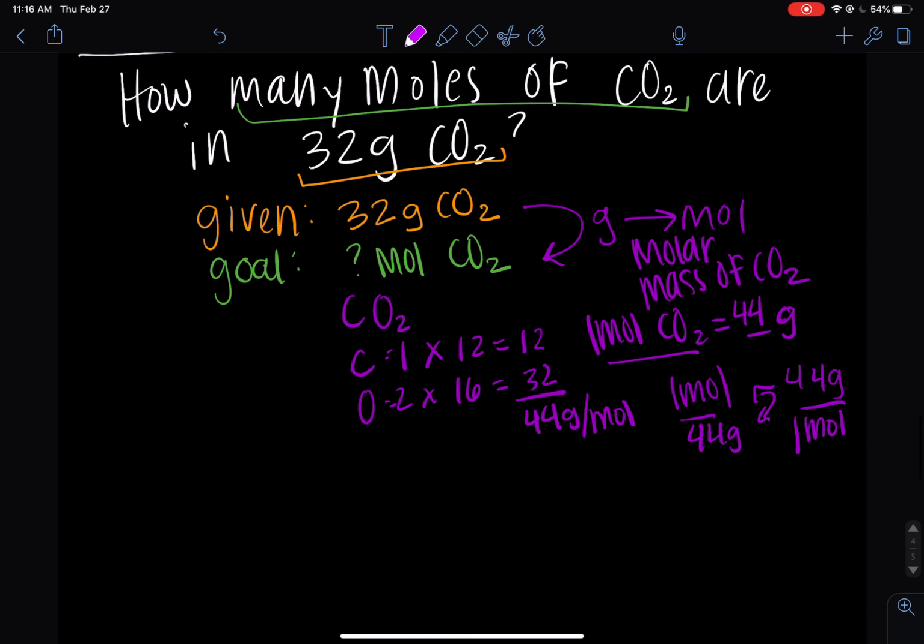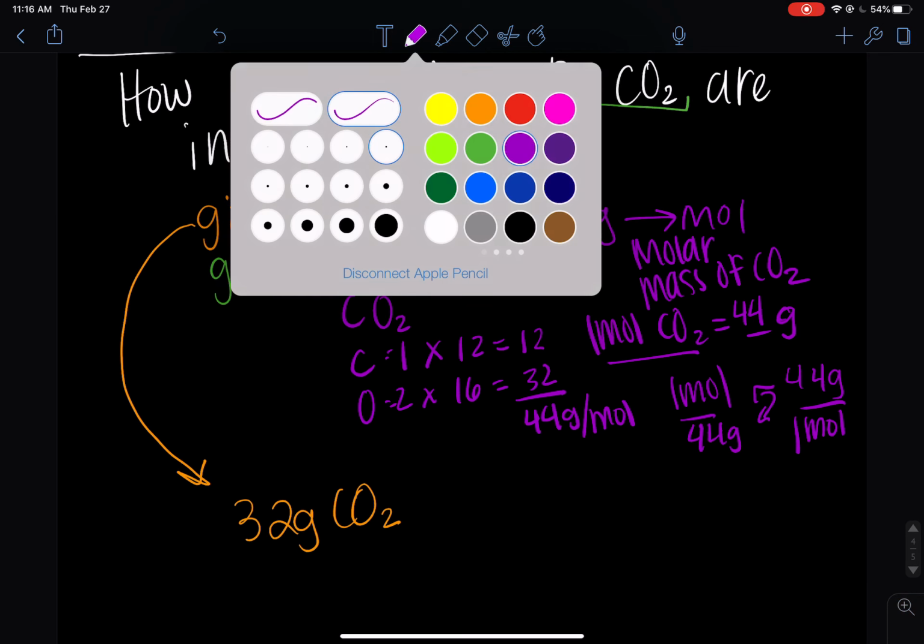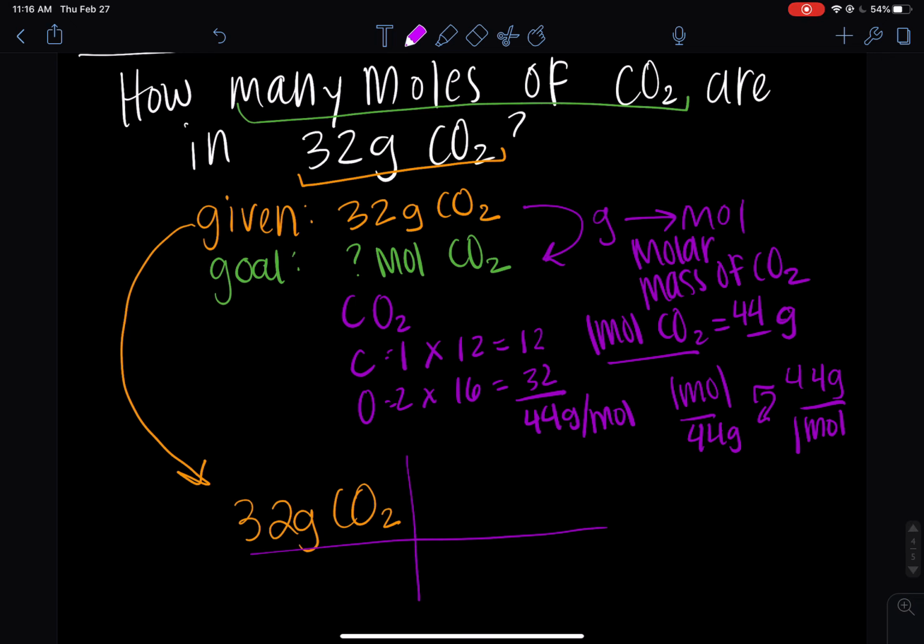Okay? So again, anytime we are done with all the stuff that we know, we have to start with what we're given. So we start with 32 grams of CO2, and we're going to multiply it by a conversion factor. If the grams is on top, it needs to go on bottom of the next bracket. So I'm going to use this one right here. Okay? So I know that 44 grams is equal to 1 mole of CO2.